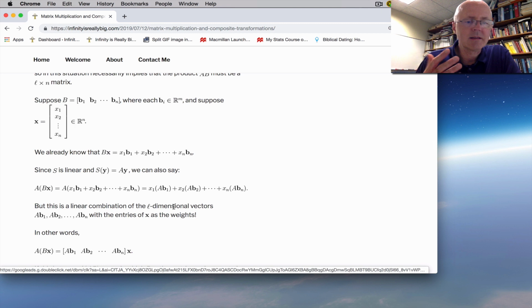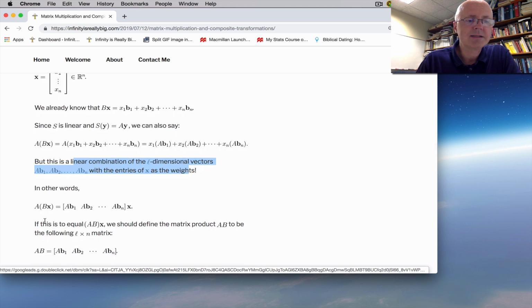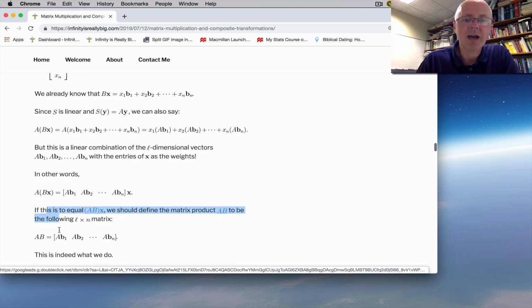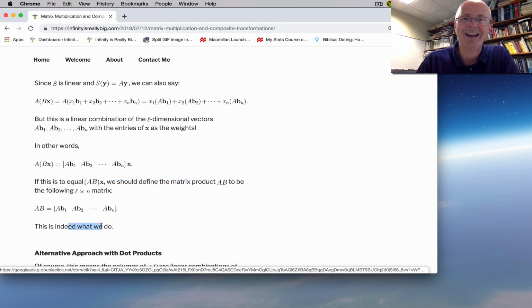And that's a linear combination of L-dimensional vectors, n of them, with the entries of X as the weights. That's a matrix times a vector. It's this matrix times this vector. If this is to equal AB times X, we should define A times B to be this matrix.